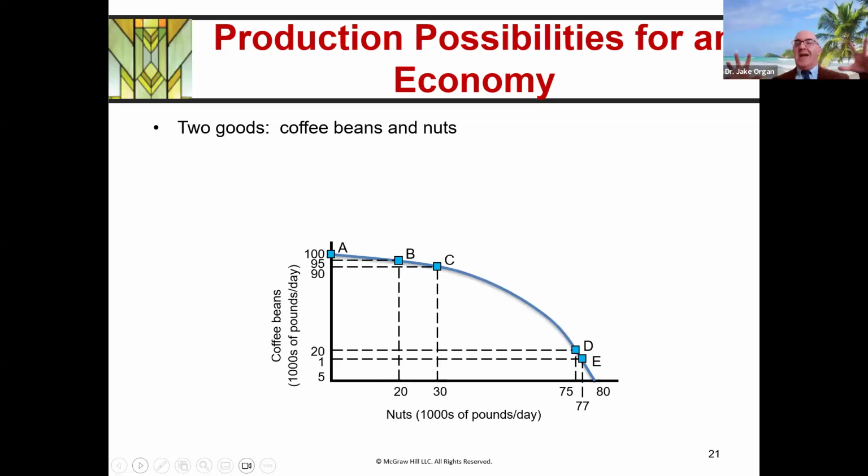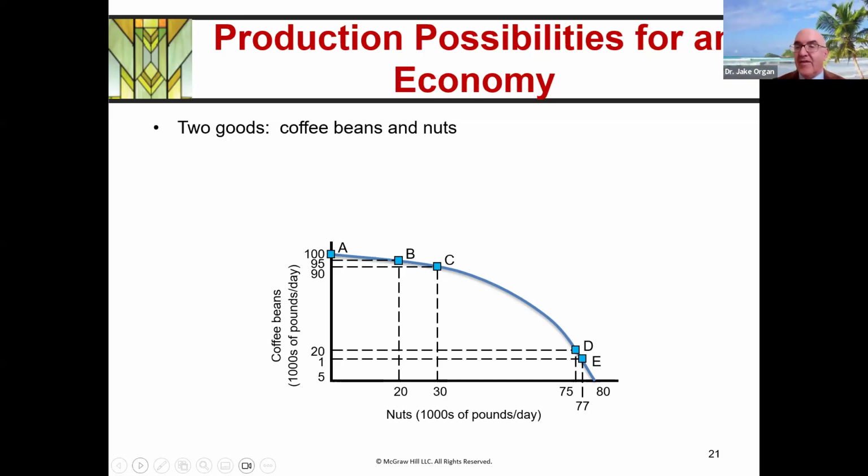Okay, so let's move this from a world of Krisha and Tom to a world of an economy. An economy that can maybe produce thousands of pounds of coffee a day, so 100,000 pounds of coffee, which will be 100 tons of coffee, or 80,000 pounds, so 80 tons of nuts.